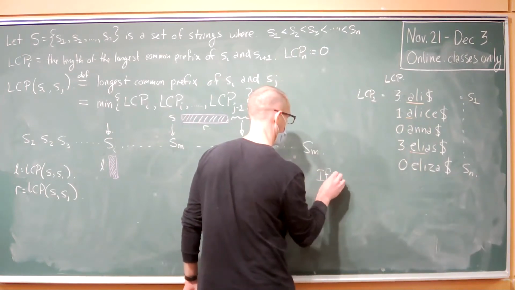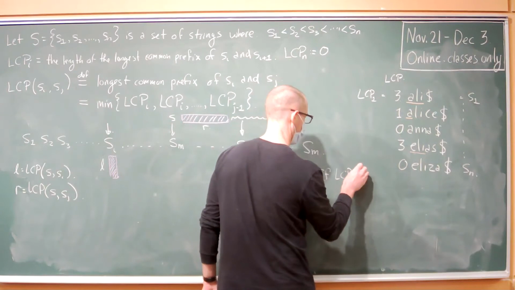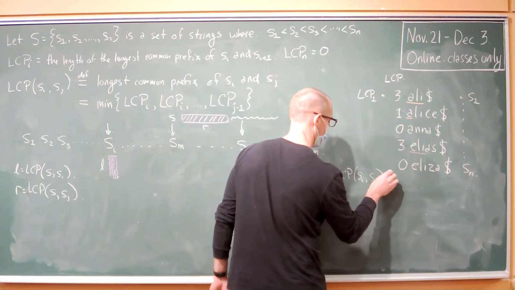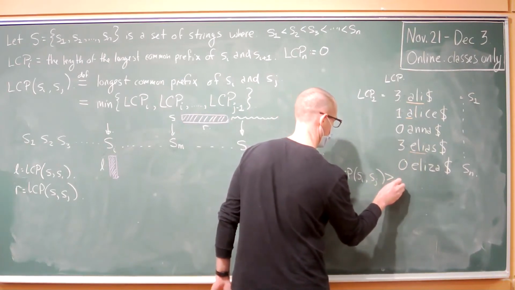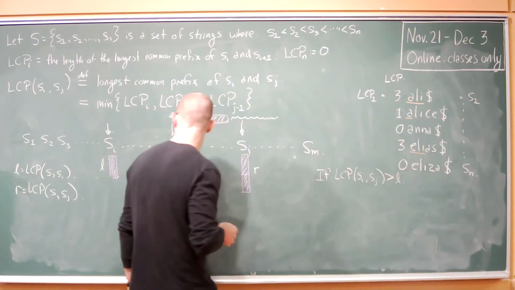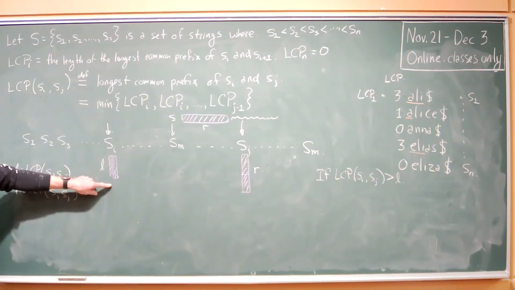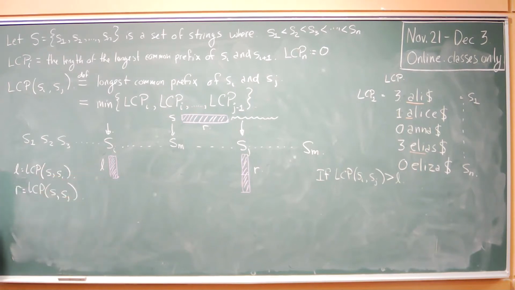So if the longest common prefix of SI and SJ is bigger than L, so they don't just match in the first L parts, but they also match at least one more character, then, well, what can you tell me about where S is in that picture?